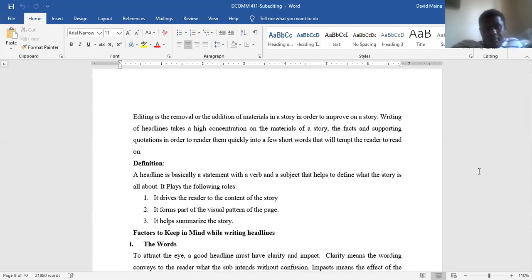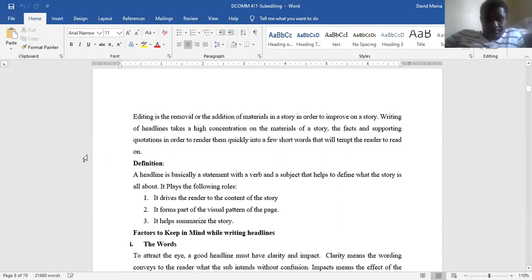You are writing a story about the floods. You realize that you put a lot of information there. So you need to remove, because some of it is very important and some of it is less important, or you keep on repeating yourself. So the removal of those unwanted or additional material in a story is what we call editing.